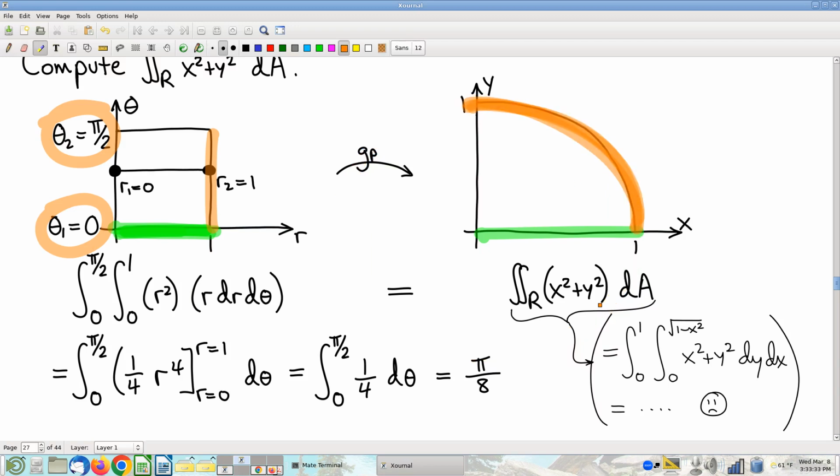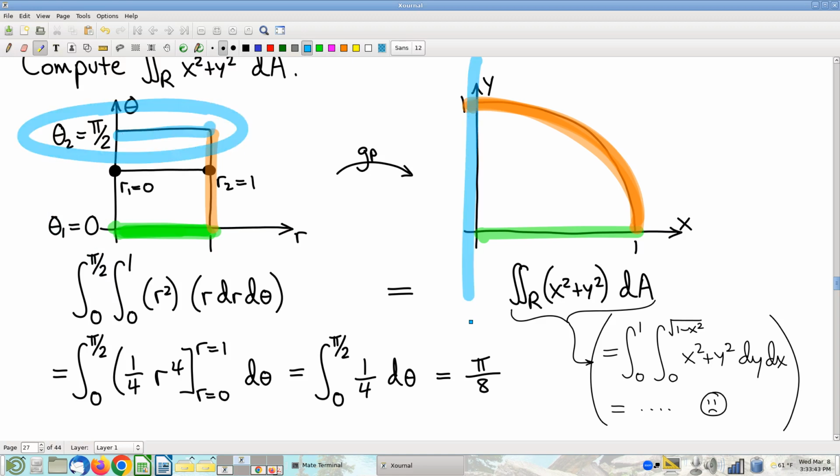Everybody with me so far? Yeah, okay. And then moving along, this edge there is part of the line theta equals pi over 2, which is that blue line, but specifically between r equals 0 and r equals 1. And so it's specifically this edge, like that.